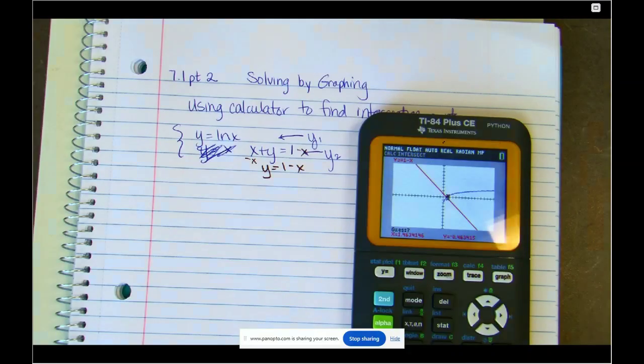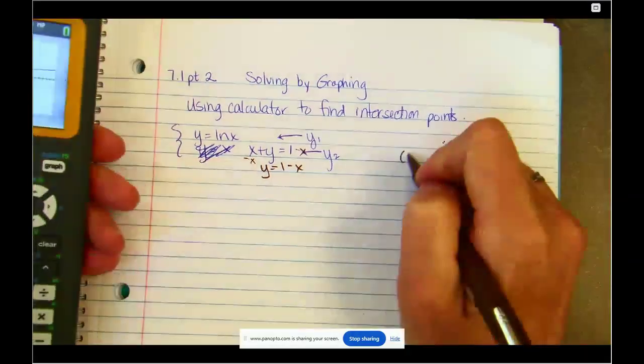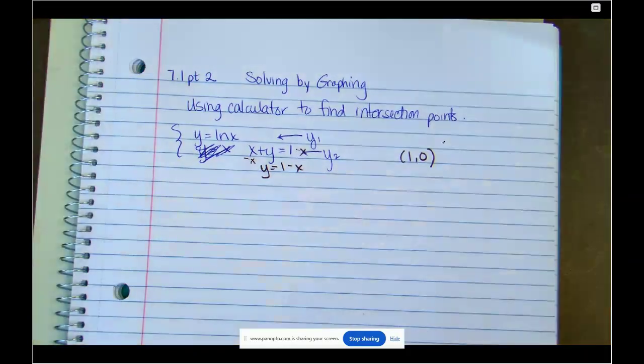It's for when you have more than one intersection point, which we'll get to in a second. Then just hit enter, and it will find the exact intersection point for you, which is at 1, 0. That's the answer you write down on your paper. Solving by calculator is always very good.